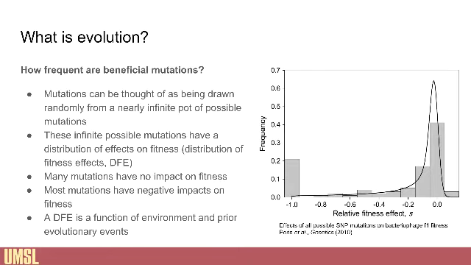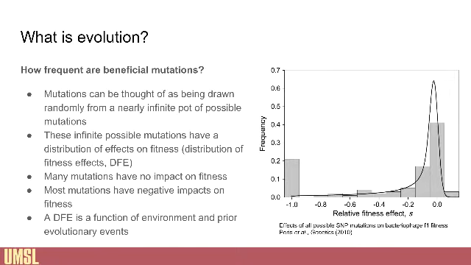So I've invoked this idea of there being beneficial mutations. So one of the things that we know about mutations, in terms of thinking about the emergence of mutations and the generation of standing variation in a population, is that mutations can be thought of as being drawn randomly from a nearly infinite number of possible mutations.